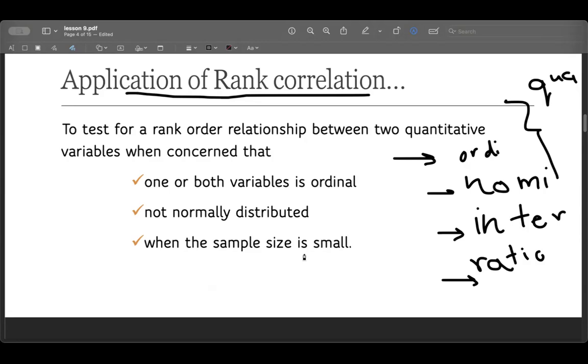If these three conditions are satisfied, then we can apply the rank correlation. Is it clear up to this point?